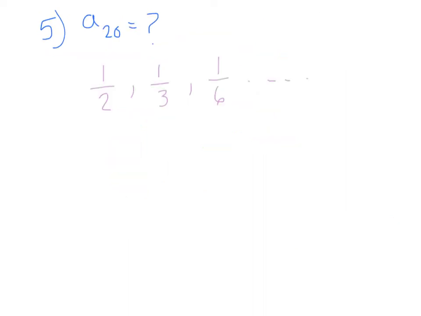So this one is kind of tricky because it's a little bit more challenging to figure out if it's arithmetic or geometric, and by looking at it, you might not notice, and I didn't notice when I first looked at it.